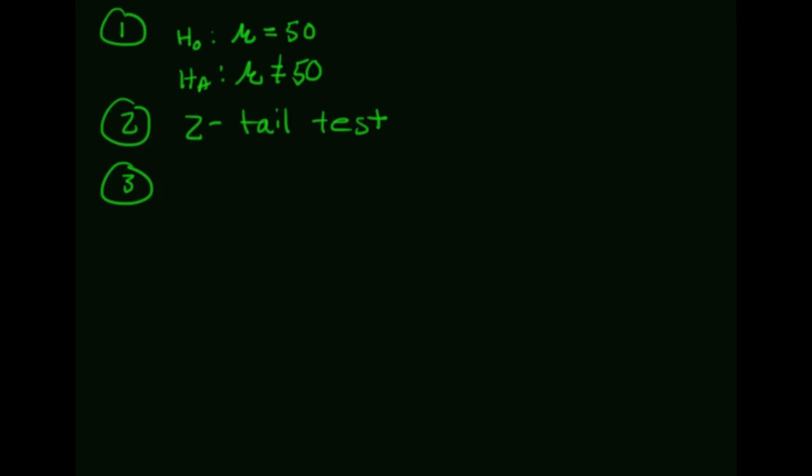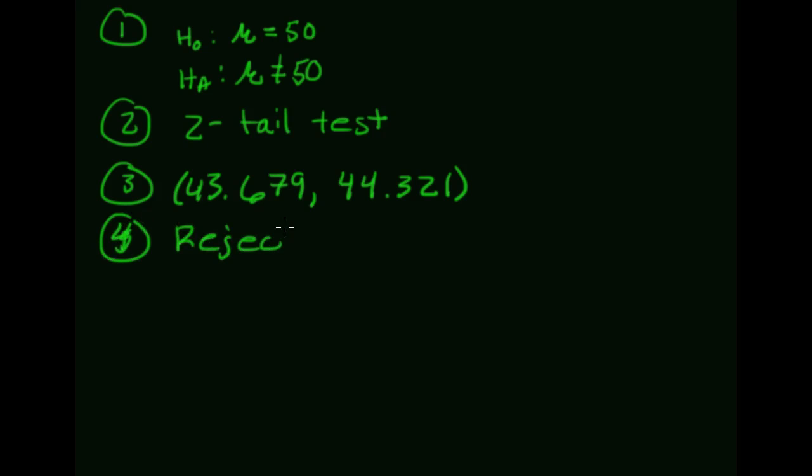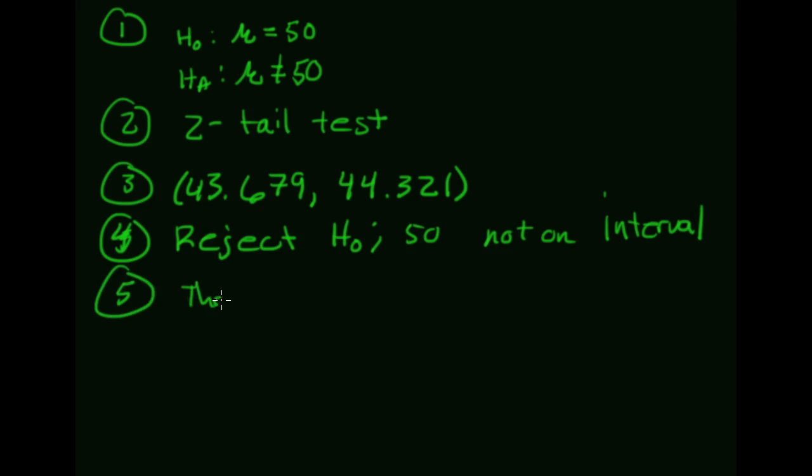We just got the interval 43.679 to the maximum, 44.321. 50 is not on that interval, so we reject the null hypothesis because 50 is not on the interval. Number 5, the data.